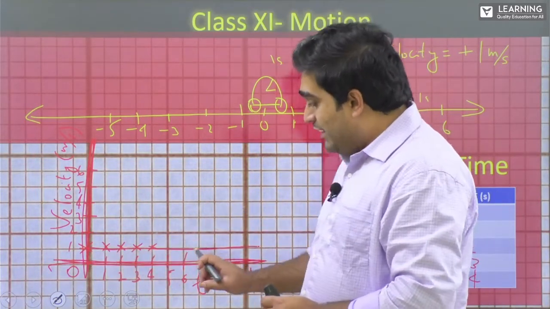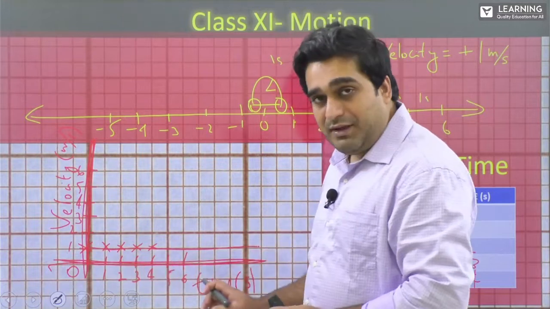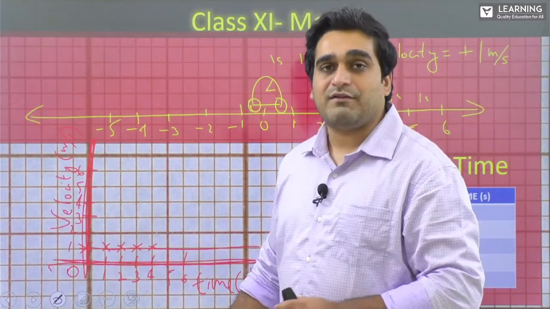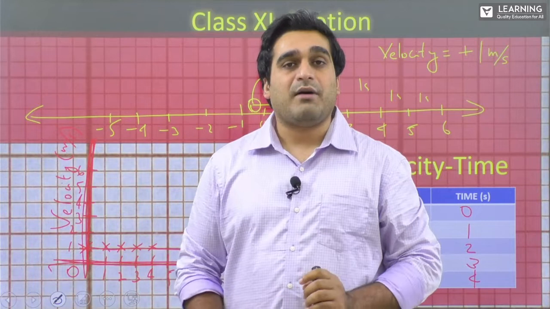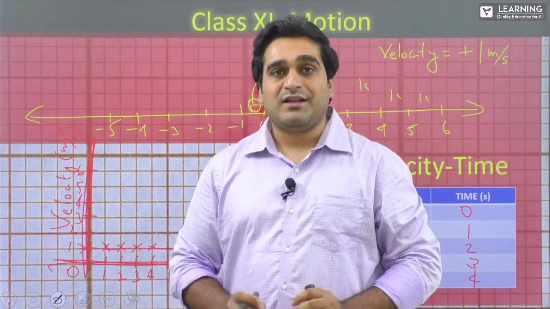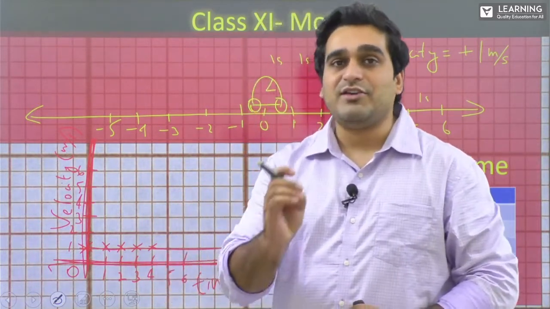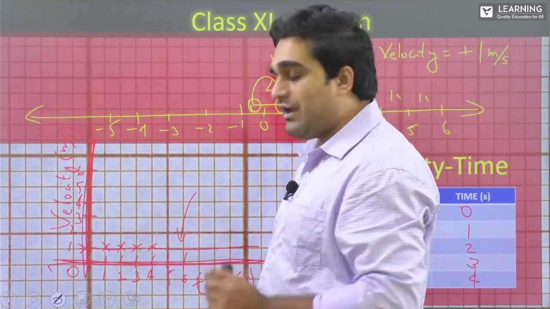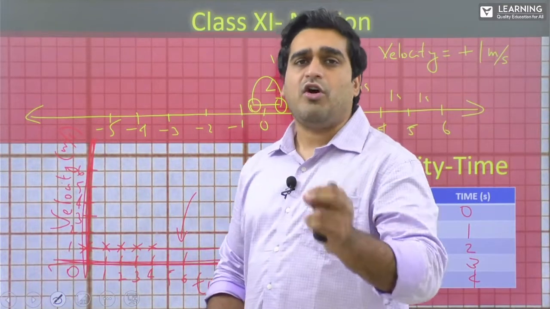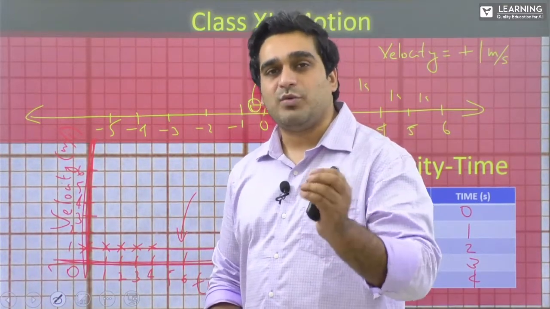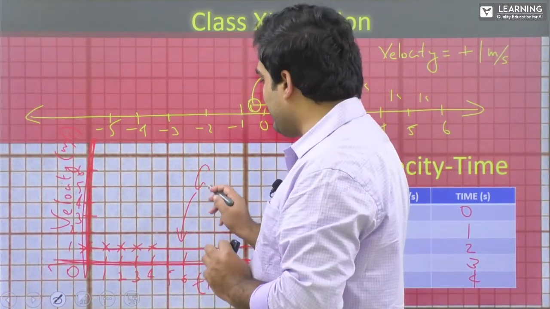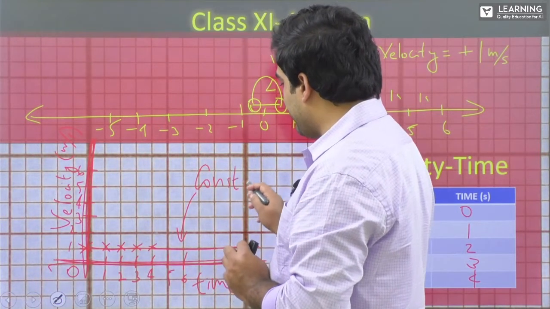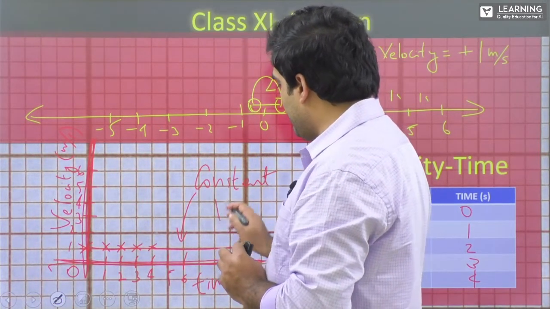So when a line is parallel to the time axis in a velocity time graph, what can we say about the object's state? That it is moving in a uniform motion. So remember that it is moving in a uniform motion, or simply with a constant velocity.